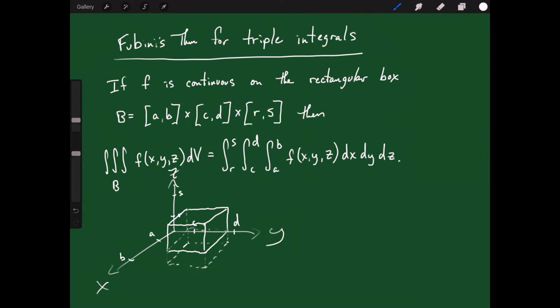And we get this box B. So that entire box that I just drew is what we call B.